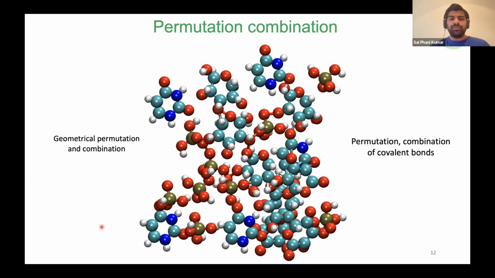To mimic the real, practical situation, what we would like to do is take n number of, maybe some 200 phosphate molecules and 200 ribose sugar molecules and 200 nucleotides, like maybe uracil, guanine, adenine, and combinations of those.